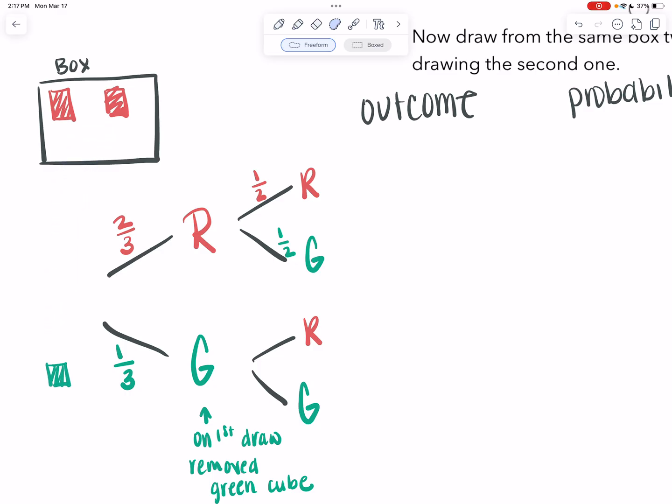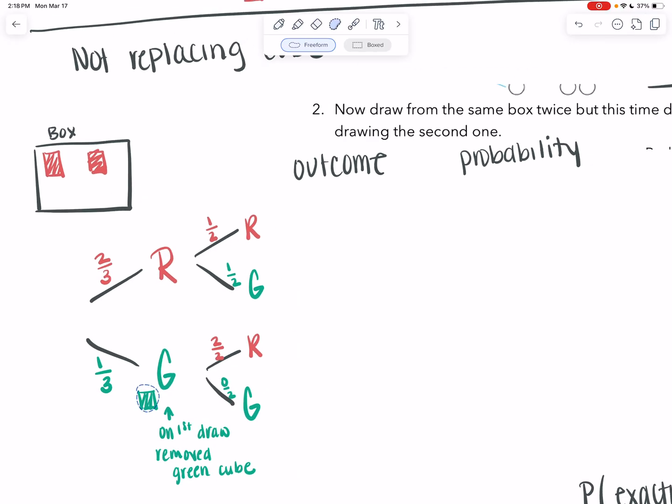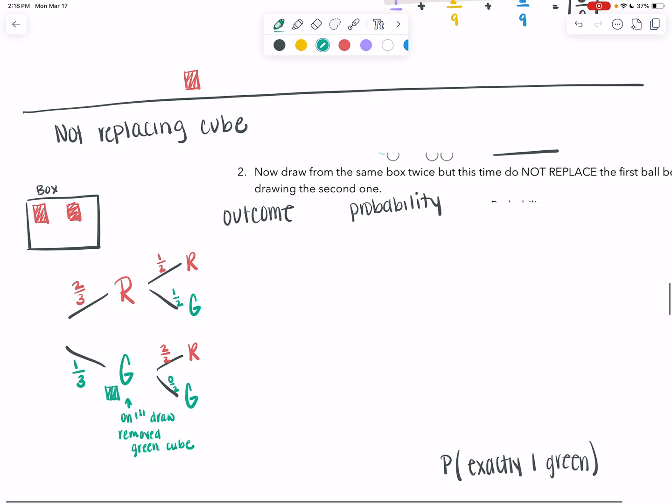So I drew out that green cube. Now what's left in my box is this. I have 2 out of 2 that are red and 0 out of 2 that are green, because I drew out that green cube and I did not put it back. Let's go back to the directions. It says, but this time do not replace the first cube.